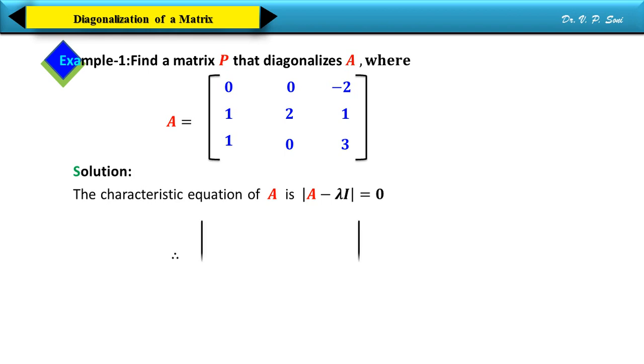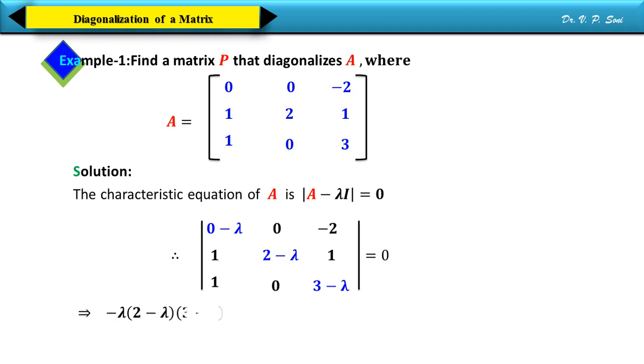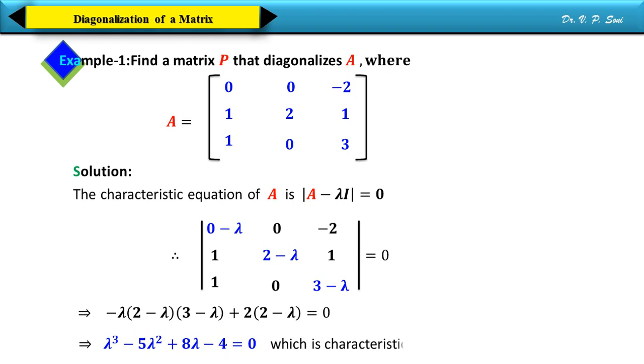Therefore, determinant whose first row 0 minus lambda, 0, minus 2, second row 1, 2 minus lambda, 1, third row 1, 0, 3 minus lambda, equal to 0. Now find the value of the determinant and put it equal to 0, then we get lambda cube minus 5 lambda square plus 8 lambda minus 4 equal to 0, which is the characteristic equation of matrix A.